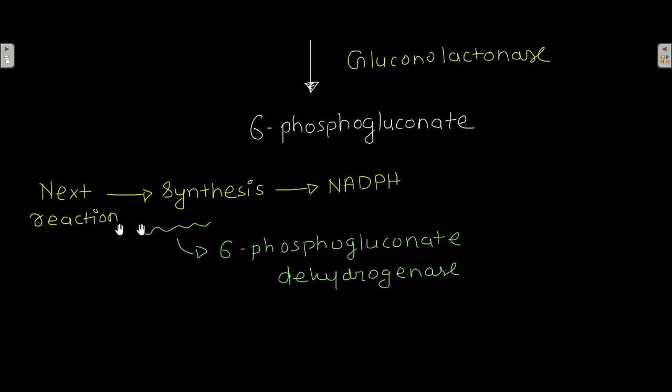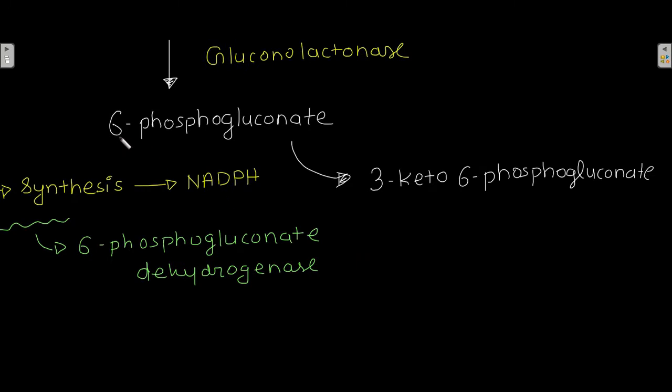The next reaction involves the synthesis of NADPH, and it is catalyzed by 6-phosphogluconate dehydrogenase. 6-phosphogluconate is converted into 3-keto-6-phosphogluconate, with synthesis of NADPH.